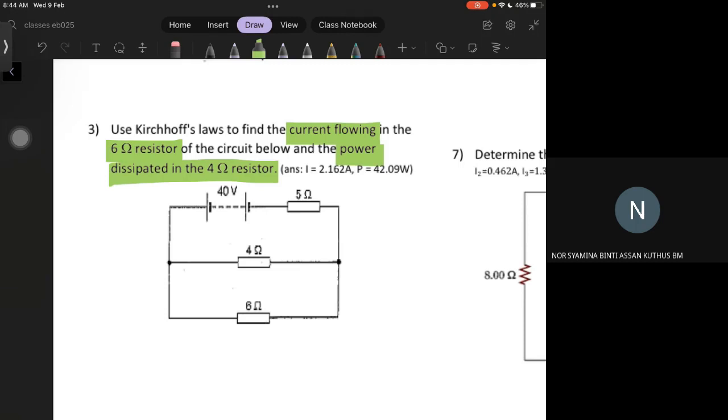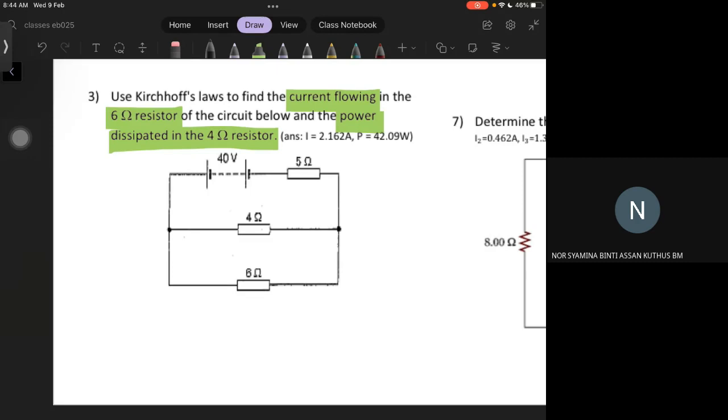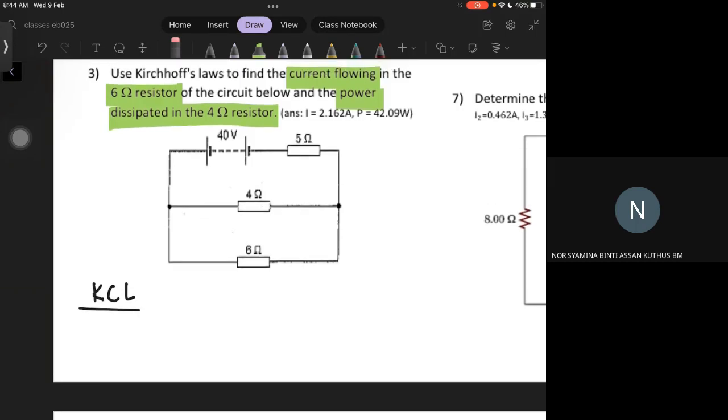The first thing we need to do, by using Kirchhoff's law, is to come up with the formula. The formula for Kirchhoff's law, KCL. KCL here will be I1. Before that, in this question it does not label I1, I2 and I3. So we can choose one node and label its value.